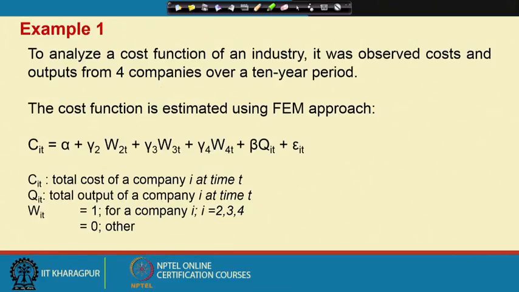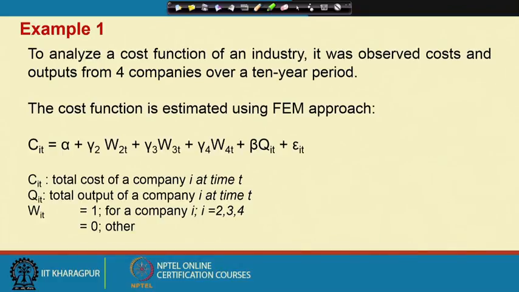Now in order to analyze the particular structure, we start with a simple example, and here the example will be like this. We have 4 companies, and the time period which we have taken is 10 different yearly periods, and the problem which we would like to address here is cost versus output.